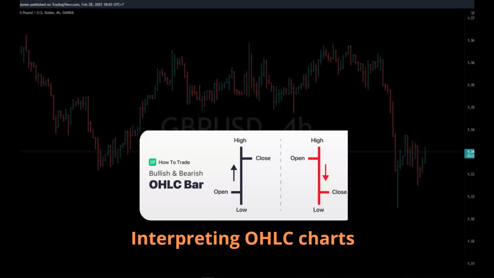If the open and close are close together, it shows indecision since the price couldn't make much progress in either direction. If the close is well above or below the open, it shows that there was strong selling or buying during the period.